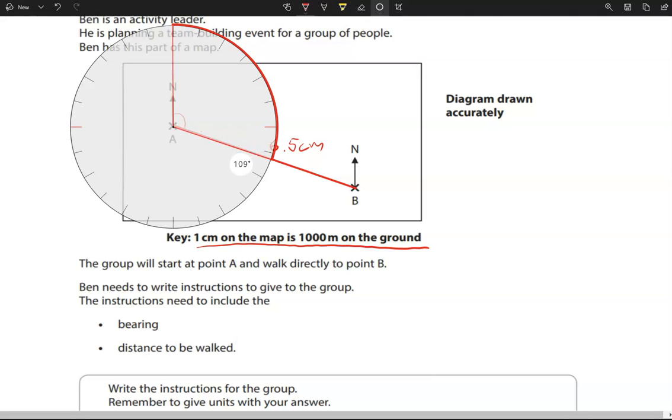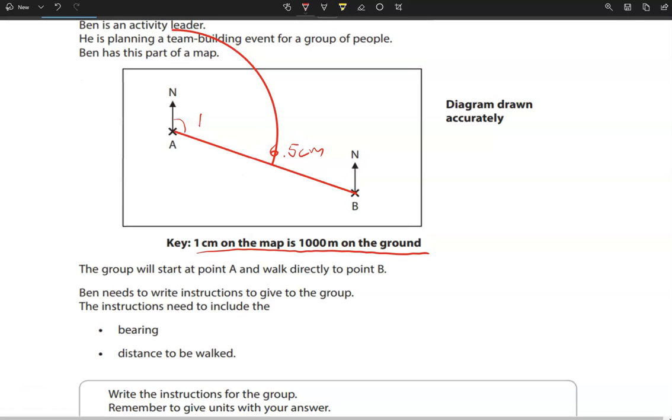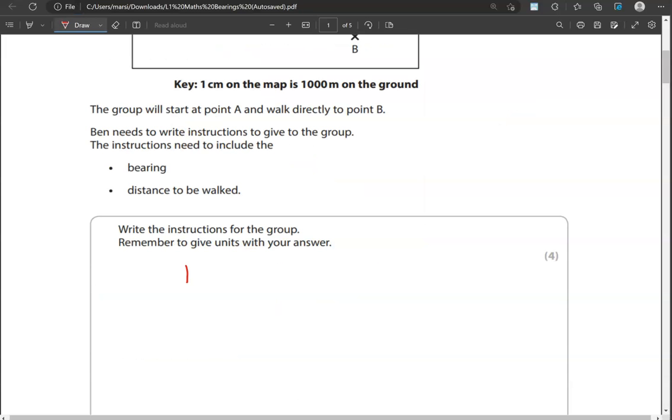So this is about 110 degrees. So to answer the question, we'll write the bearing as 110 degrees and we'll work out the distance.